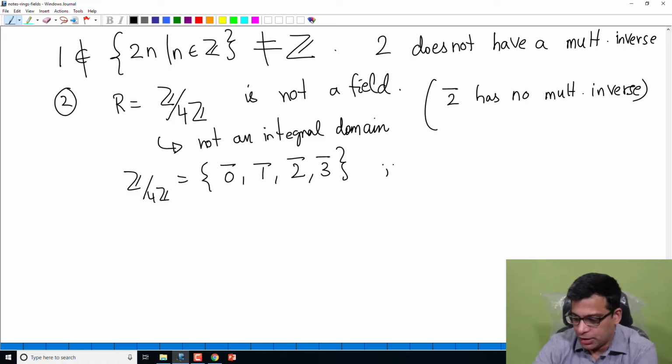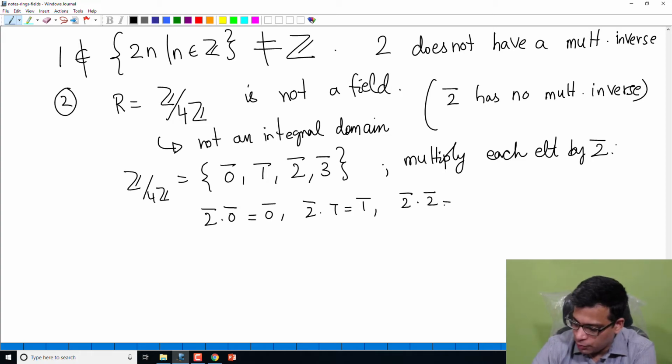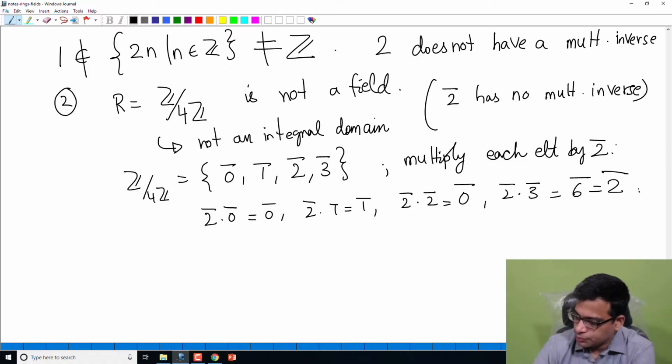If you multiply each element by 2 bar, what do you get? 2 bar times 0 bar is 0 bar, 2 bar times 1 bar is 2 bar, 2 bar times 2 bar is 0 bar, 2 bar times 3 bar is 6 bar, which is 2 bar.